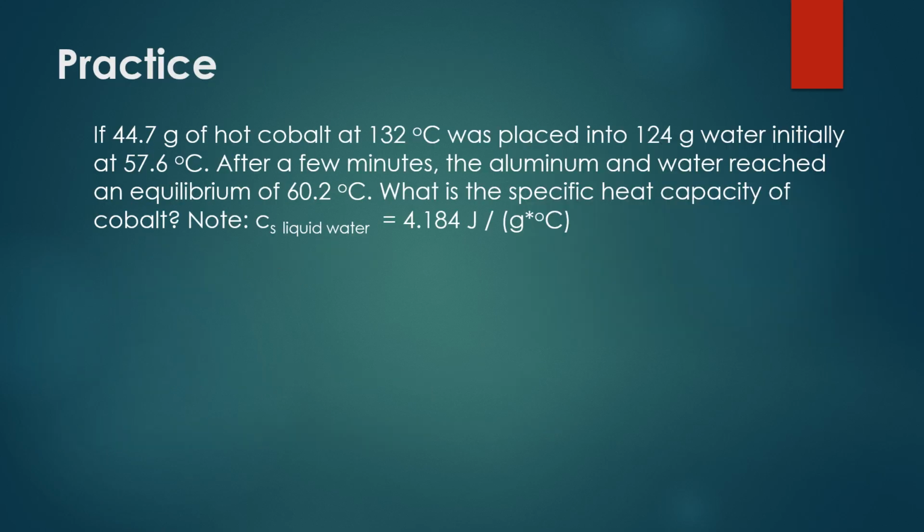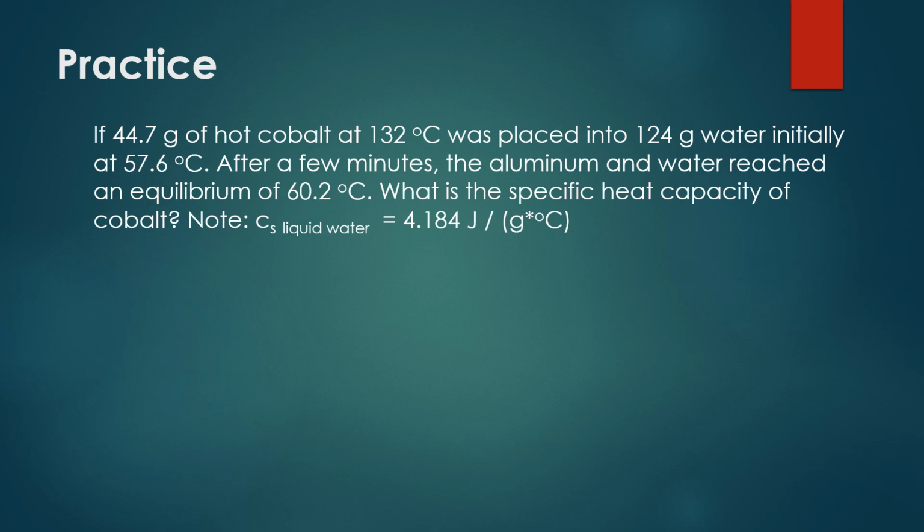Let's look at a practice problem and how we're going to apply that modified equation. So in this problem, we have 44.7 grams of hot cobalt at an initial temperature of 132 degrees Celsius. We place that piece of hot cobalt into 124 grams of water, initially at 57.6 degrees Celsius.